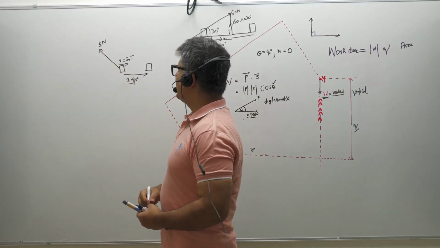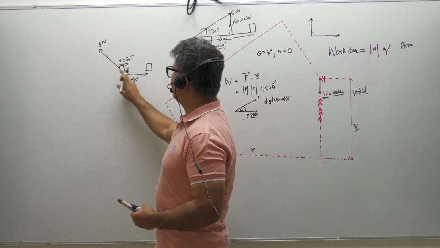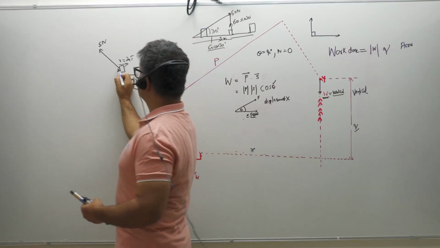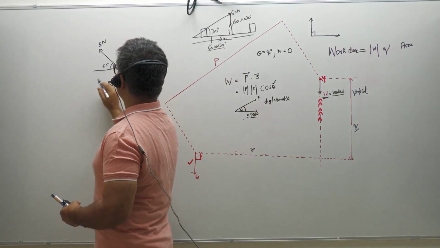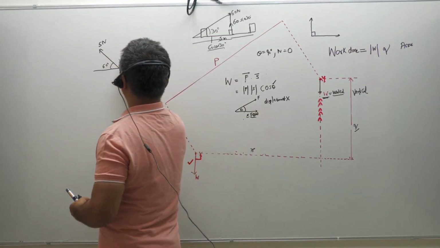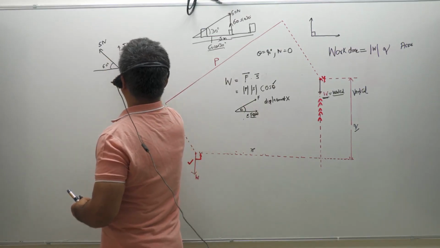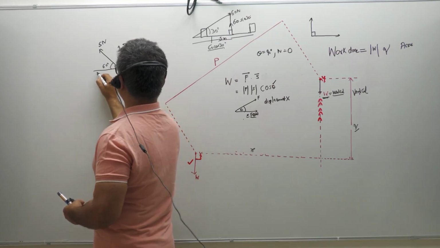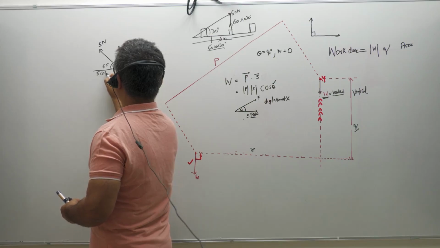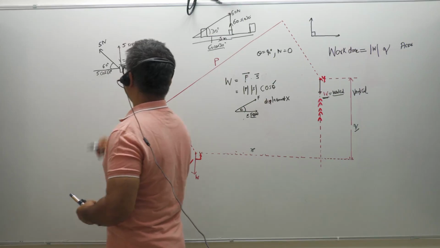Now, let's say the angle at which you apply the force is 60 degree. So there are two components of the force. One component is 5 sine 60, the other component is 5 cos 60 degree, right?